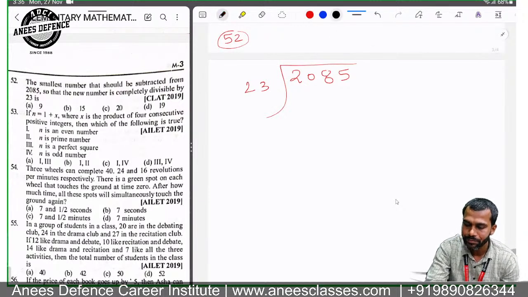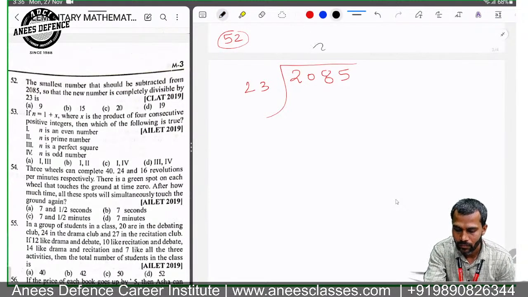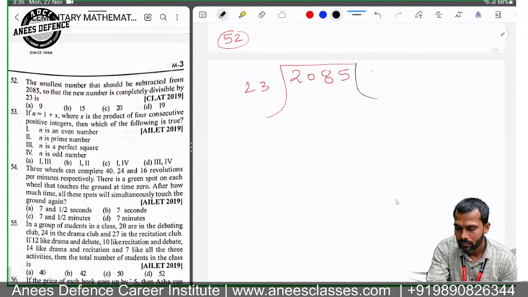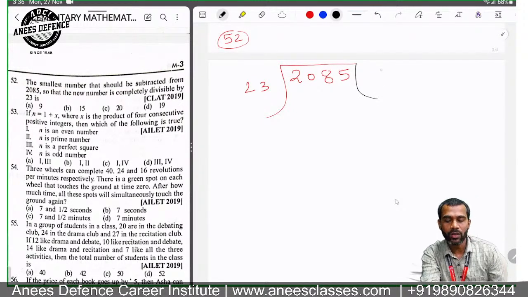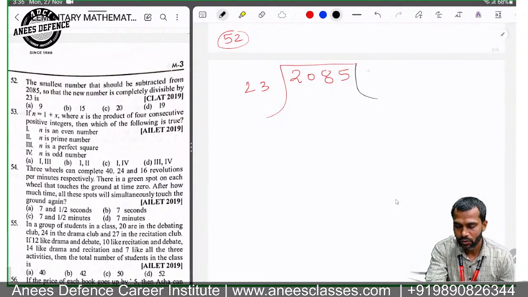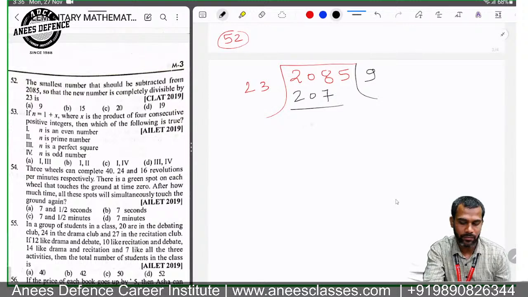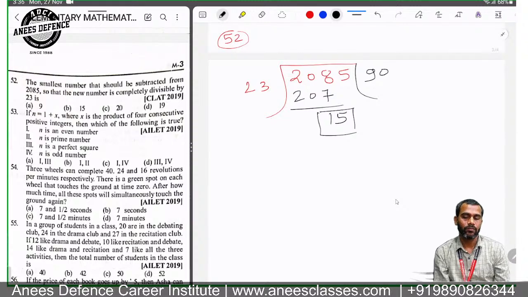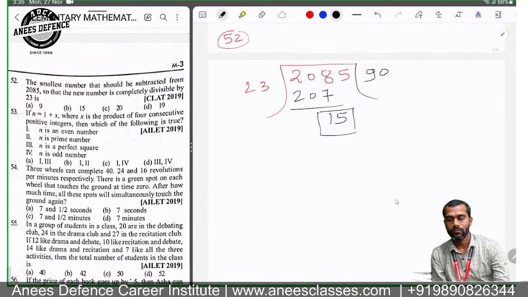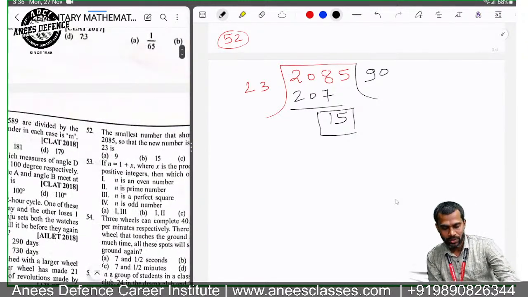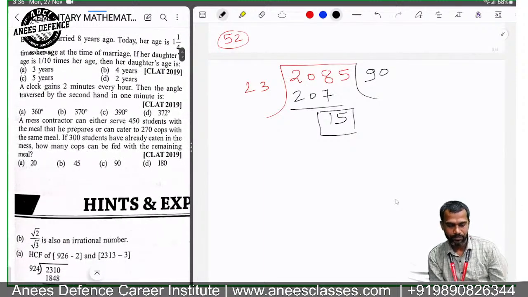Do you know the table of 23? 23 into 9, 207. 23 nines are 207. 15. What is the remainder? Done. Please try question number 51.